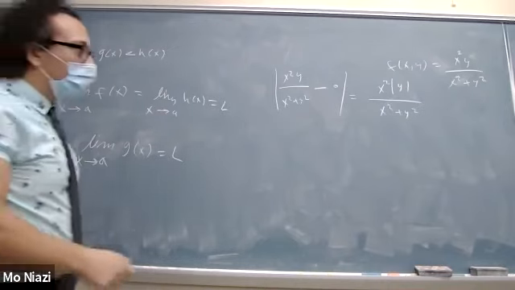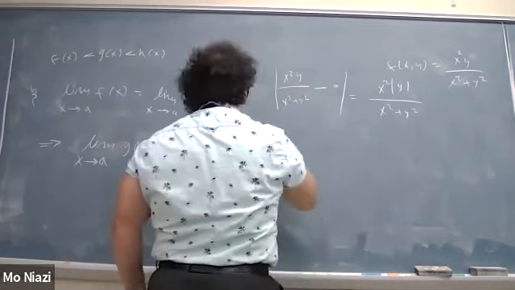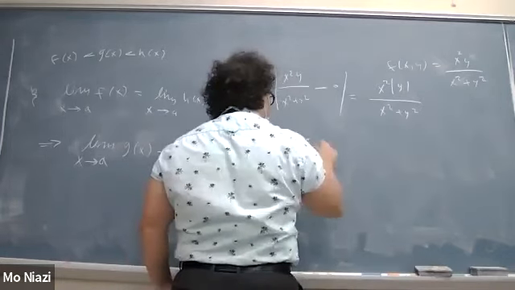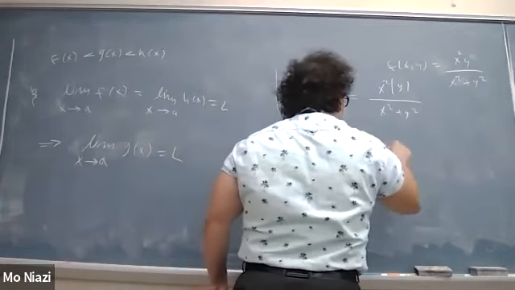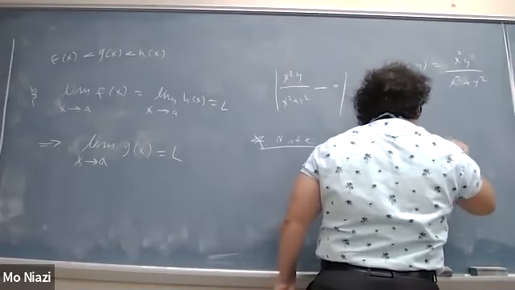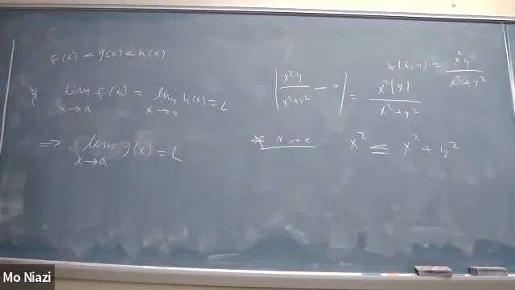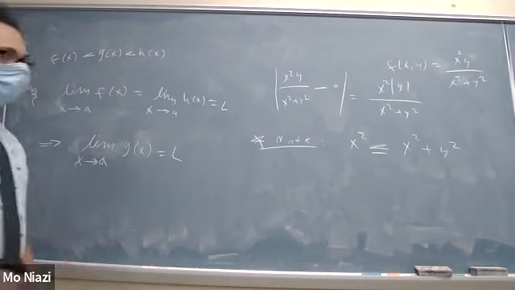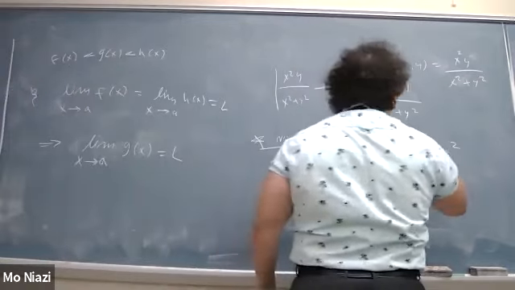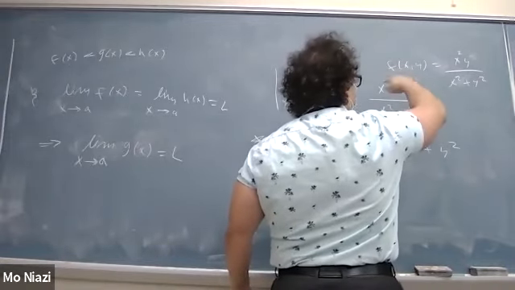So then you notice this is true: x squared is less than or equal to x squared plus y squared, where equality holds if y is equal to 0. You can divide both sides by this quantity to achieve something like here.